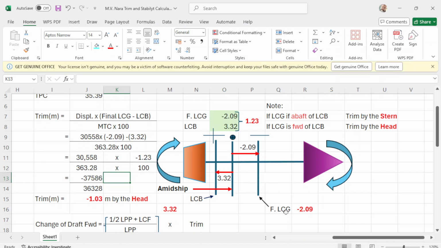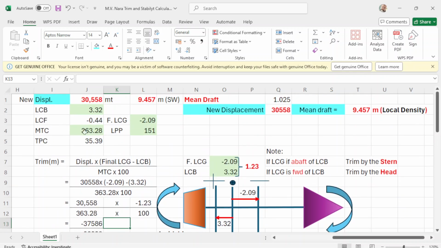Because the final LCG is -2.09. So he is somewhere here, forward of your midship. And your LCB, the figure is positive 3.32.